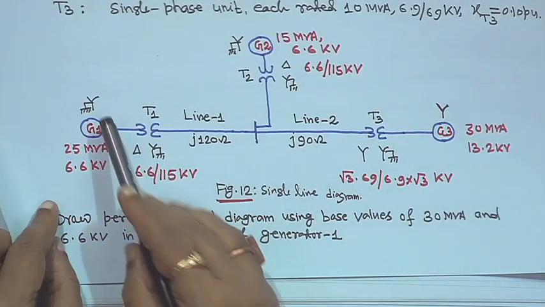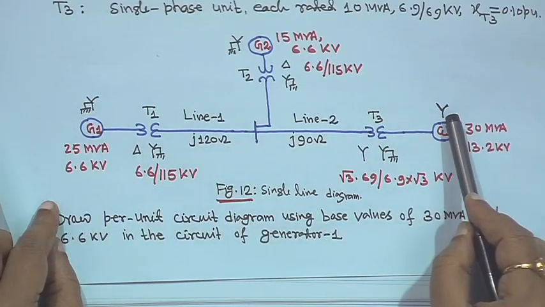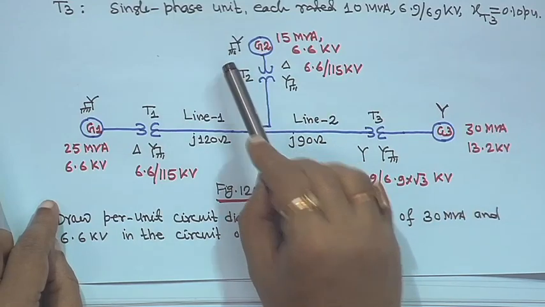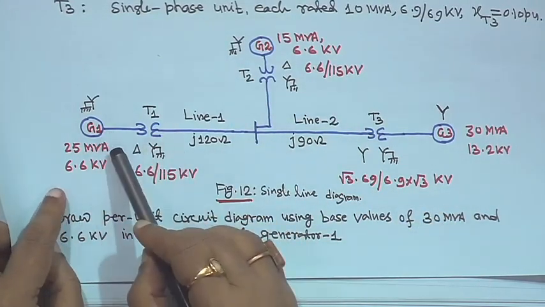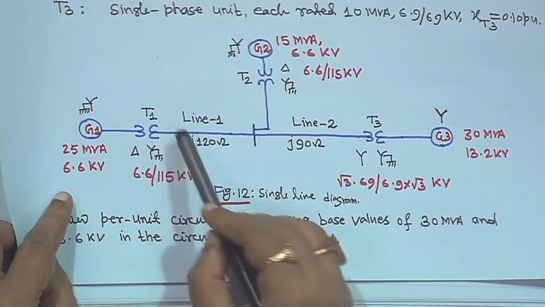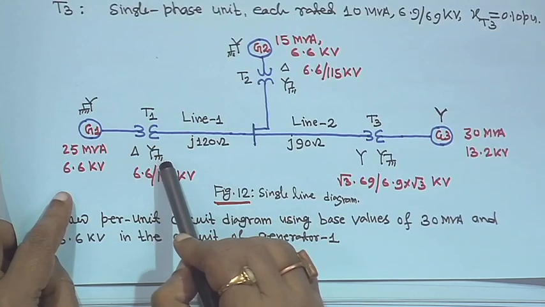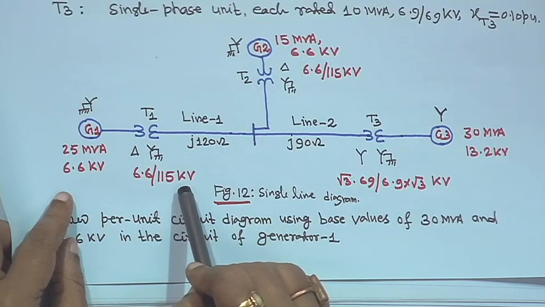Now, generator 1 is star connected and grounded, generator 3 is not grounded, and generator 2 is grounded. Generator 1 has 25 MVA rating and 6.6 kV terminal voltage. This transformer is a delta star, star grounded, 6.6 and 115 kV.